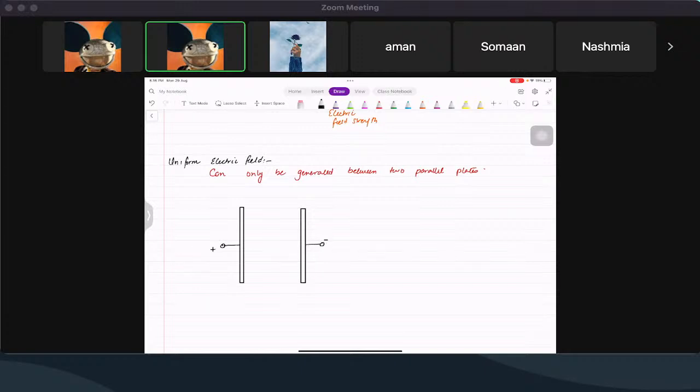Is it clear, everybody? So basically, this would mean that in these parallel plates, the field will go from positive to negative, just like that.